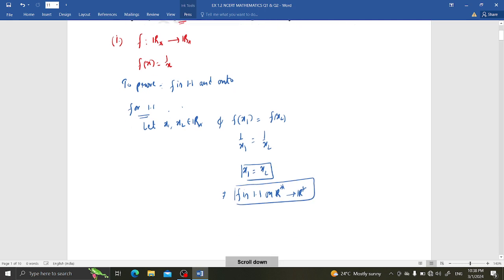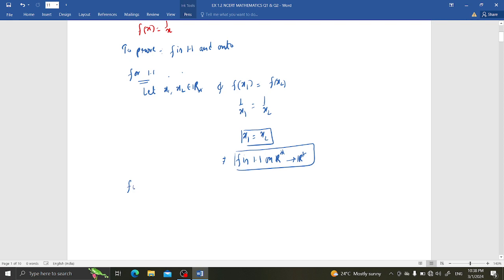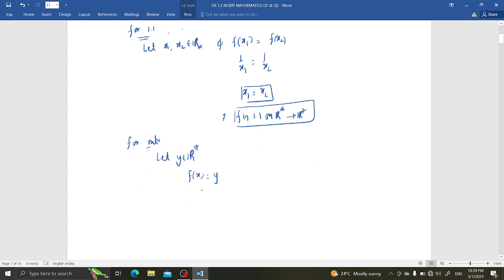Now for onto we need to prove the following. Let y belong to R star, with f(x) equal to y, and this belongs to the codomain, the right side of the function defined. f(x) equal to y means 1 upon x equals y, so the value of x is 1 upon y.